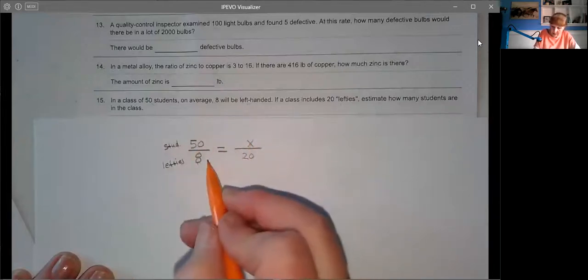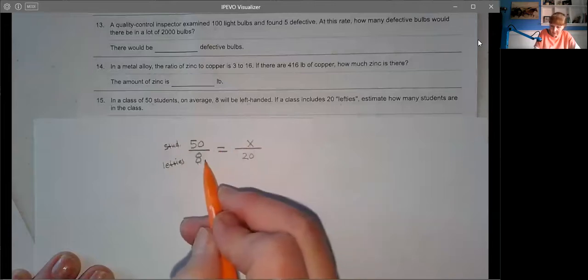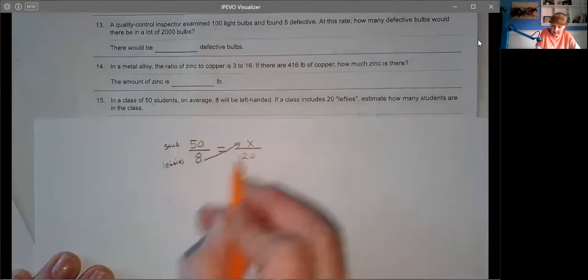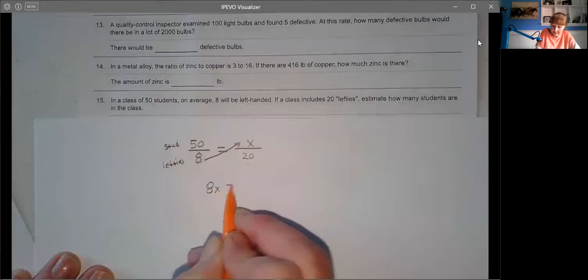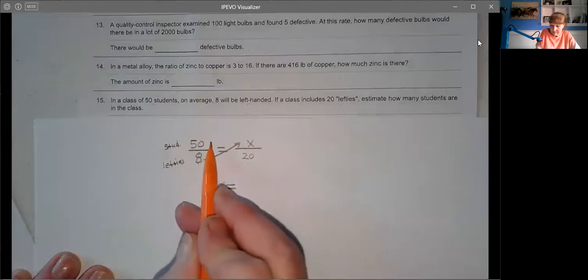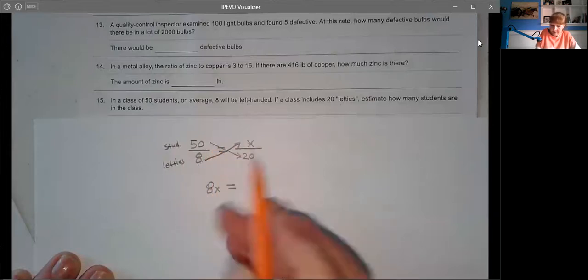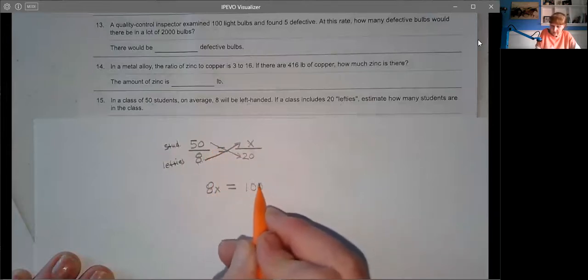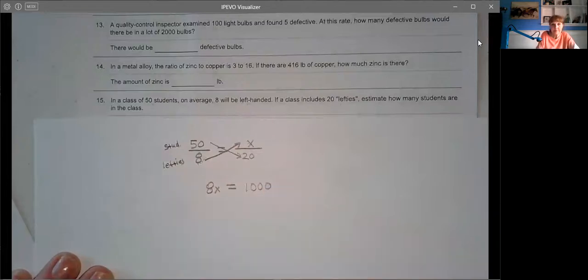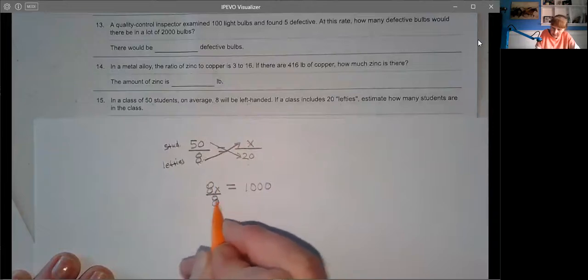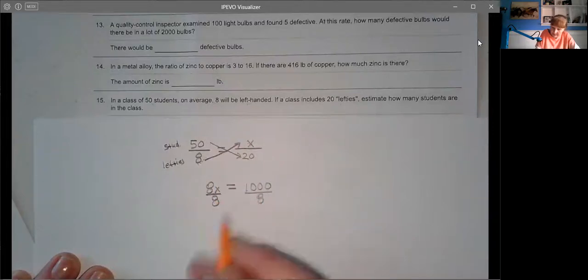And so now we'll cross multiply to solve it. And I'm going to do this one first because it's got the variable. 8 times x is 8x. 50 times 20 is 1,000. Now you'll just take 1,000 divided by 8. So you're going to solve it. Divide by 8.